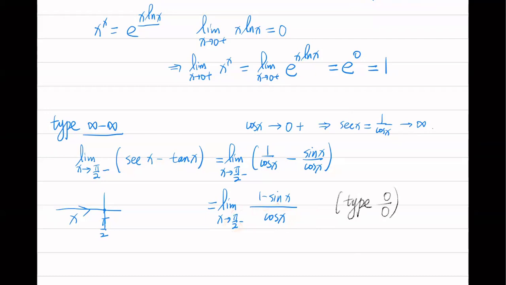Okay, what should we do from here? L'Hopital rule.